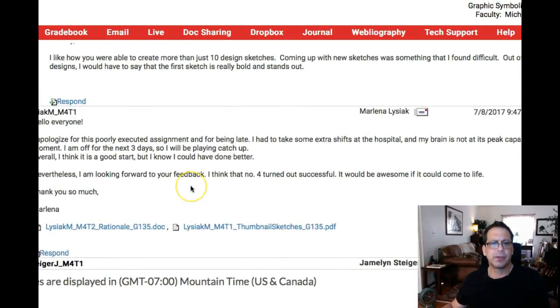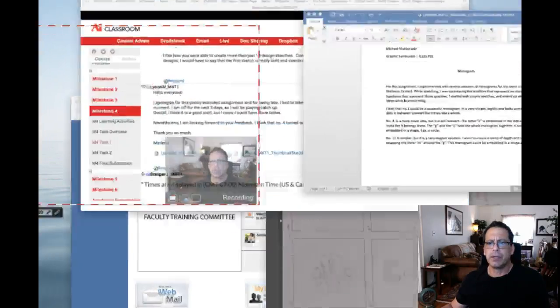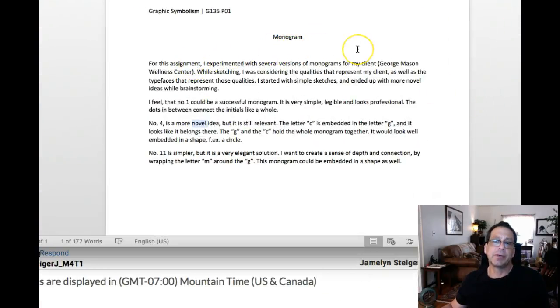So let's jump into your written rationale first. And you said something really interesting in the written rationale, and I think that it points to a good proficiency in understanding the basic tenets of this particular portion of the project, and that's the monogram, and that is taking the monogram and developing it based on what your perceived mission of the company is.